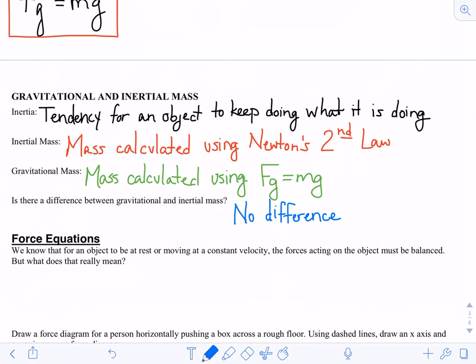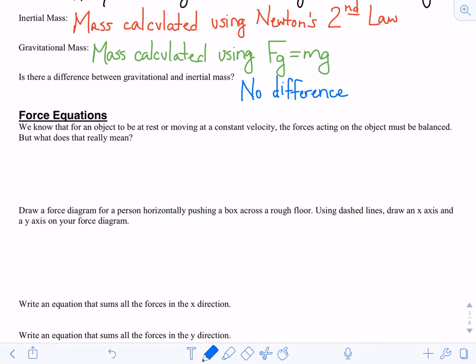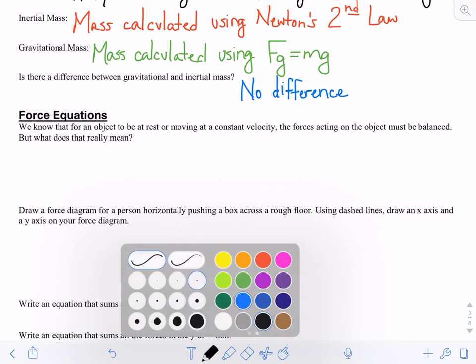Okay, let's now actually talk about being able to put numbers onto these force problems, okay? Now, we know from Newton's first law that for an object to be at rest or for it to be moving at a constant velocity, our forces have to be balanced, okay? And what do we really mean when we're saying that?